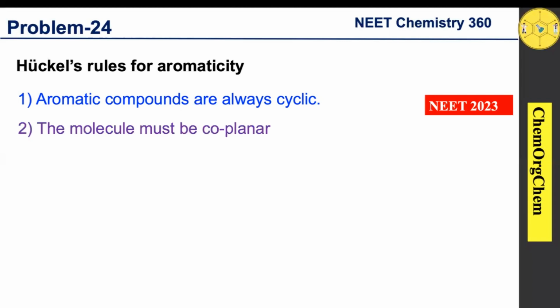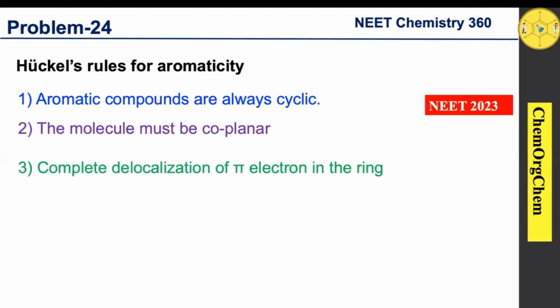The second rule states that the ring must be planar, allowing for effective overlap of p orbitals. The third rule states conjugation: the ring must have a continuous system of overlapping p orbitals, usually involving alternating single and multiple bonds.